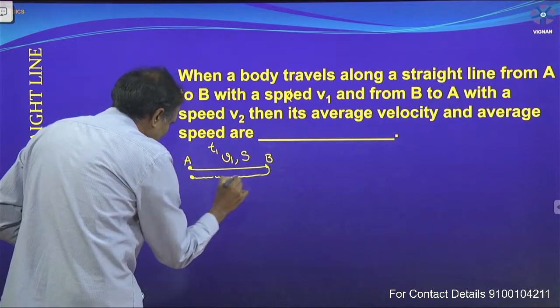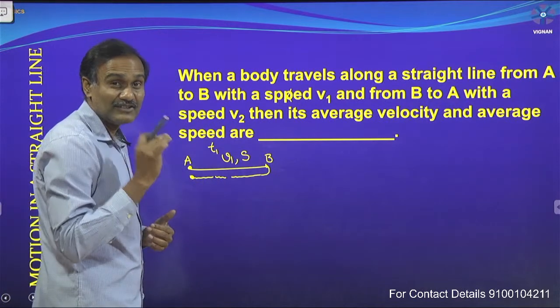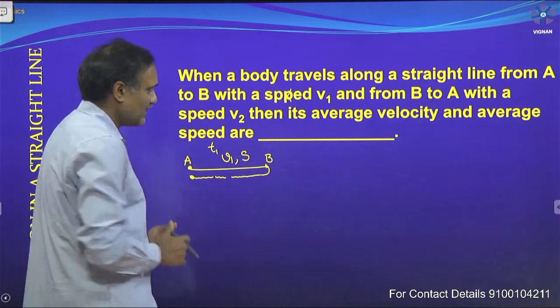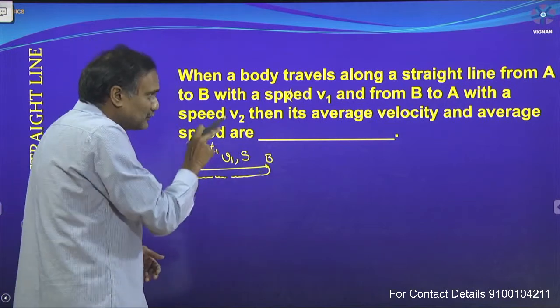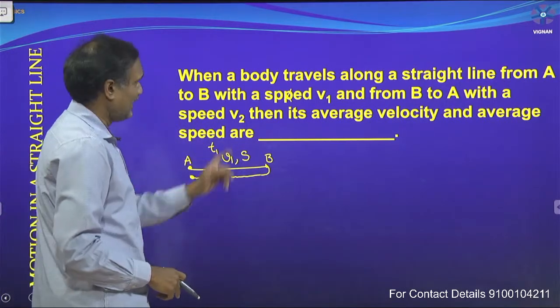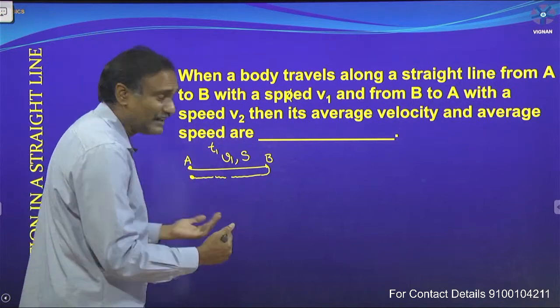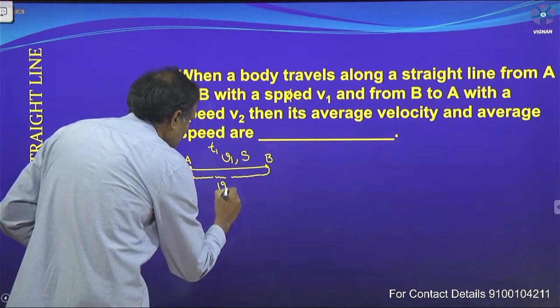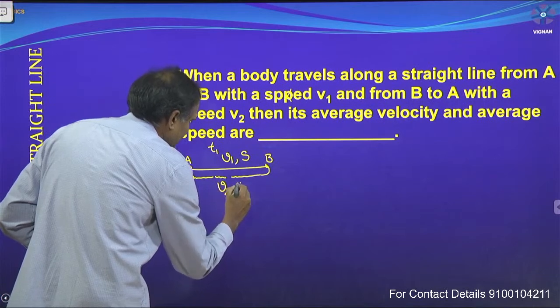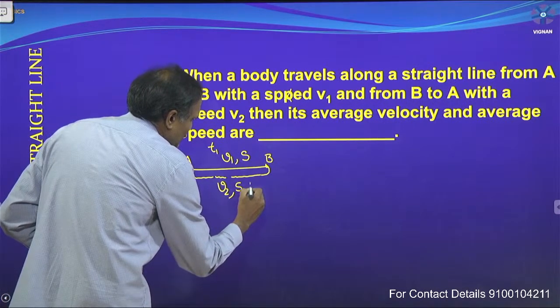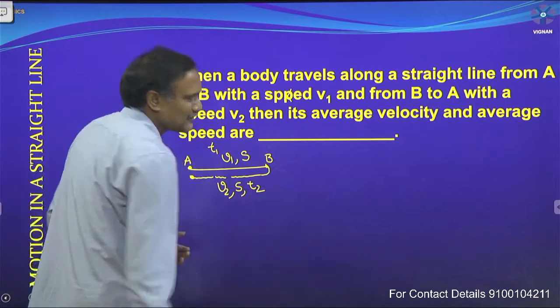Finally it again reaches the point A, but for this journey B to A, its speed is v2, and I am assuming the time interval is t2.